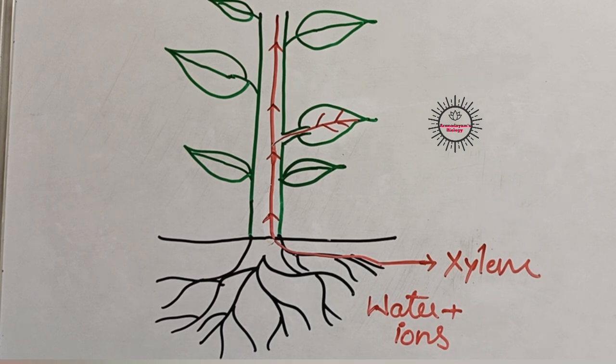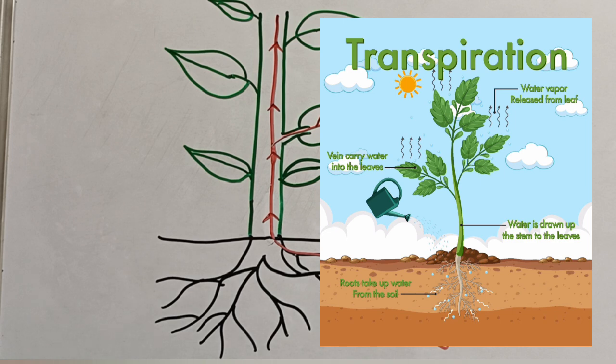So in case of those tall plants, along with root pressure, one more process also helps in the transportation of water, that is transpiration. So already we have learnt about transpiration in our lower classes, isn't it? What is meant by transpiration? The loss of water in the form of vapor from the aerial parts of the plant.